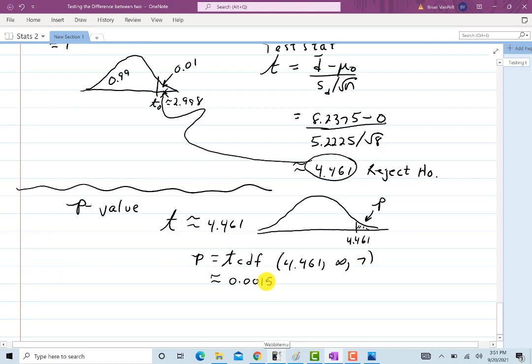What was alpha in this problem? Alpha equals 0.01. We can see alpha is a lot bigger. P is less than alpha, which implies that we reject H naught.